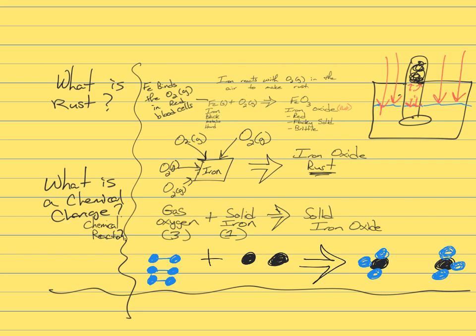And you started with this iron solid and this oxygen gas, and you end up with rust. And rust is a solid at room temperature. So that's what's going on chemically, and we'll learn more about this next week.